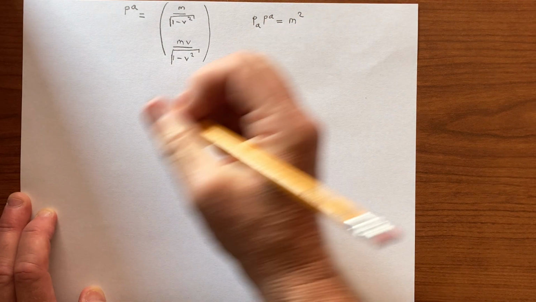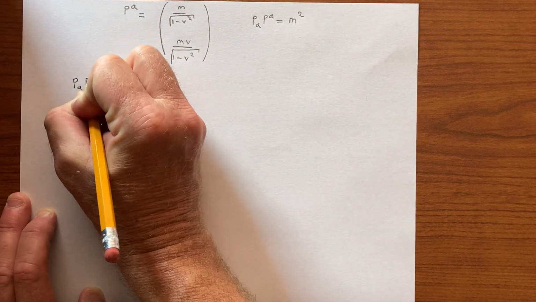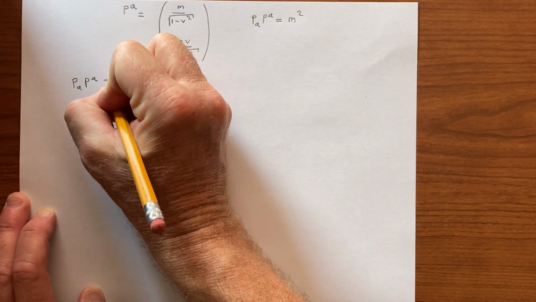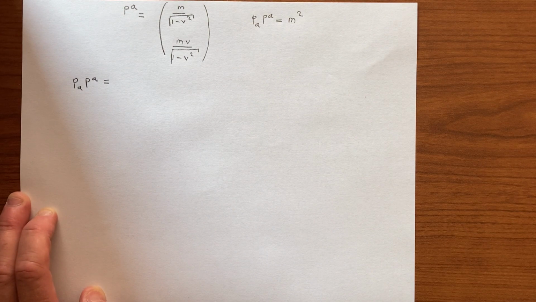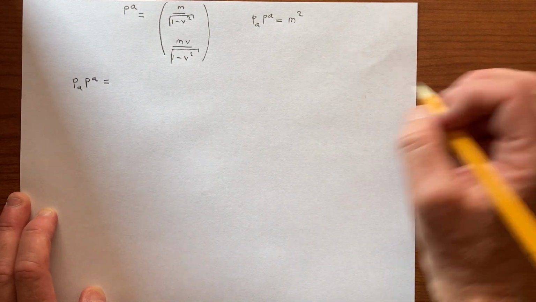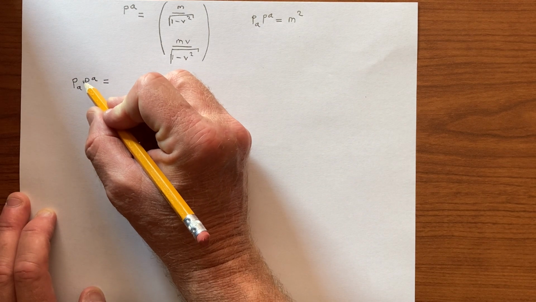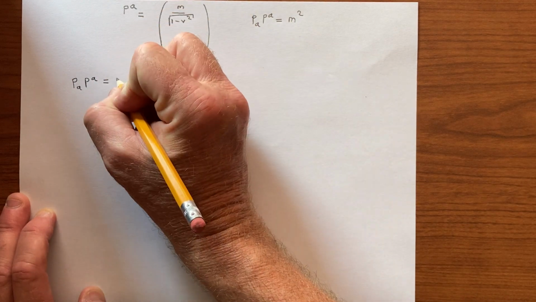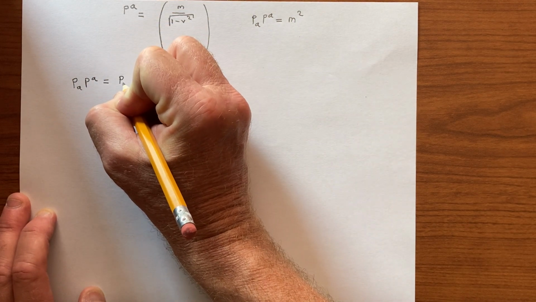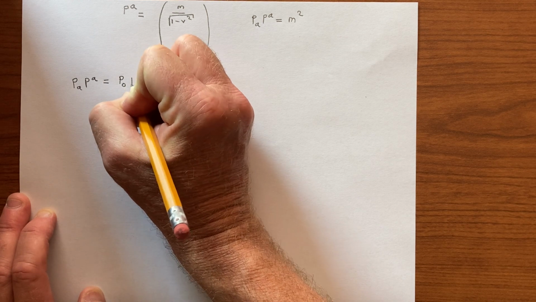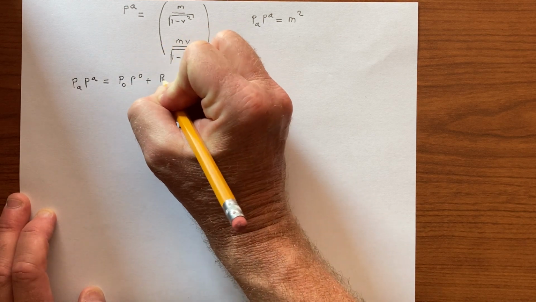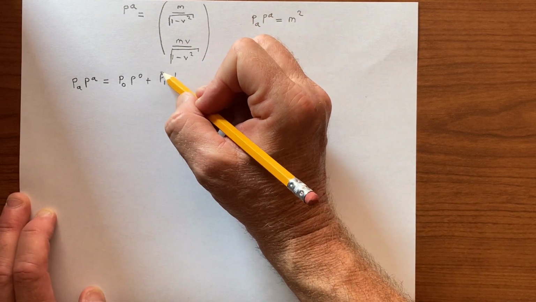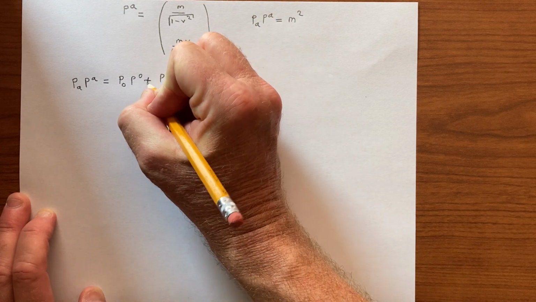So we have P^A P_A, which we remember involved this thing called a metric, and so we need an object like this one that's slightly different from this one, which then allows us to do the sum. So this looks like a P^0 P_0 plus a P^1 P_1, and we want this object to be the thing that switches the sign here.